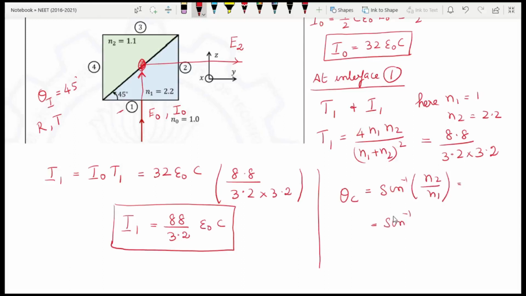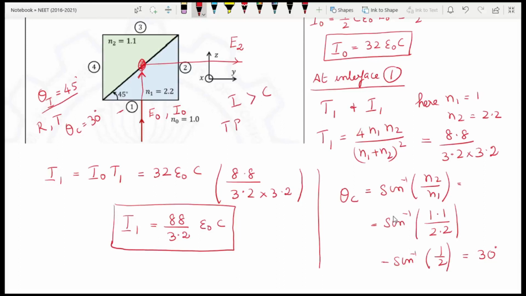N2 is 1.1 and N1 is 2.2, so this is sine inverse of 1 by 2, that is nothing but 30. So here the incident angle is 45 and the critical angle is 30. Since the incident angle is greater than the critical angle, total internal reflection takes place at this phase.